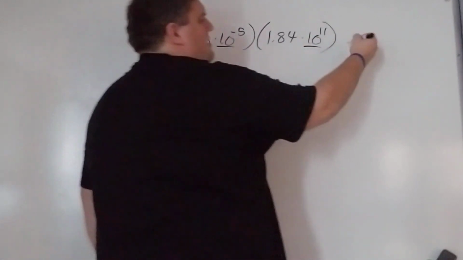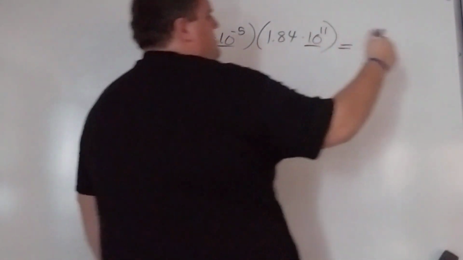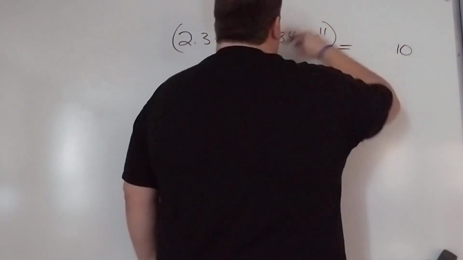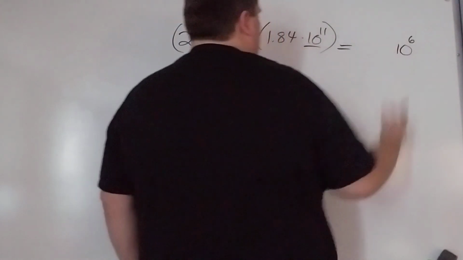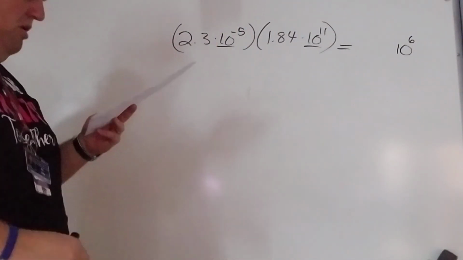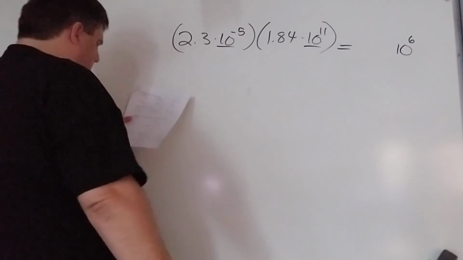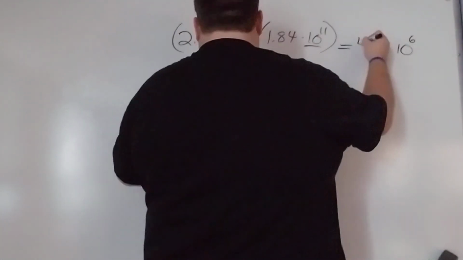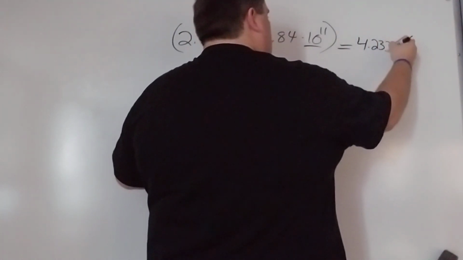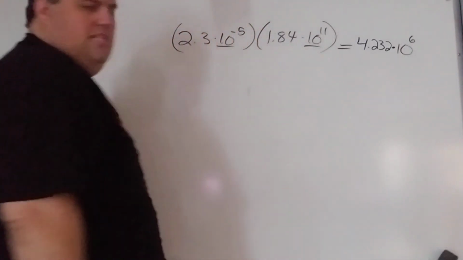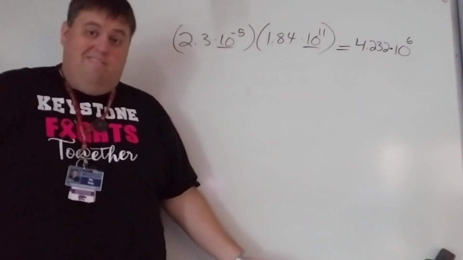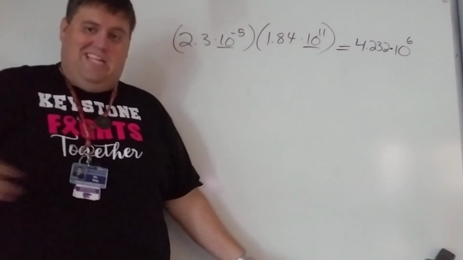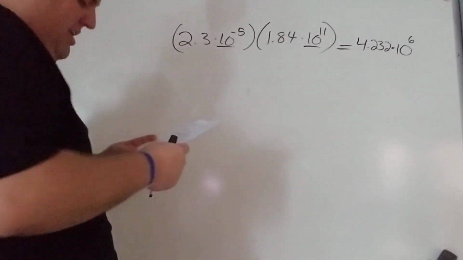Keep the base, add the exponents, negative 5 plus 11 is 10 to the 6th. And then we're going to just multiply 2.3 times 1.84, and I got 4.232. That one we don't have to fix anything, so we're just going to leave it just like that. Hopefully you have a lot of those in your test, because that's pretty easy when you do it like that.